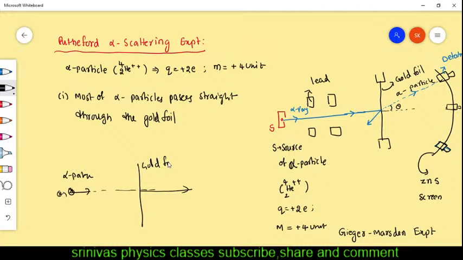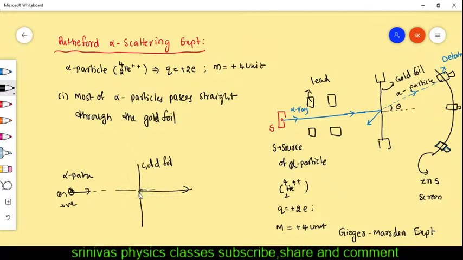Gold foil means a thin layer of gold. Most of the alpha particles travel straight without any deviation, I mean, they are not scattered. Why are they not scattered? The alpha particle has a positive charge.